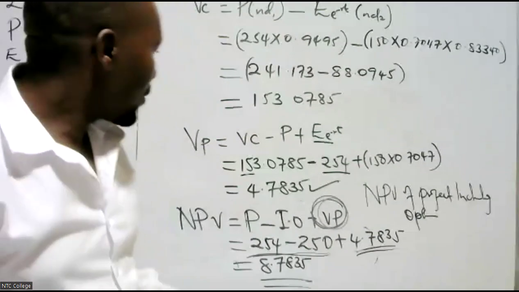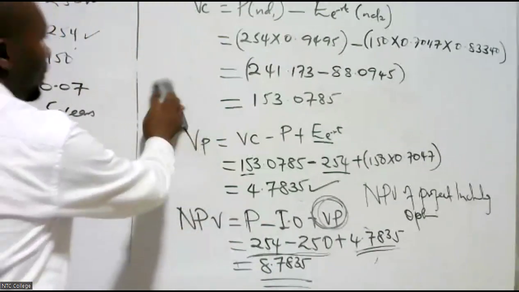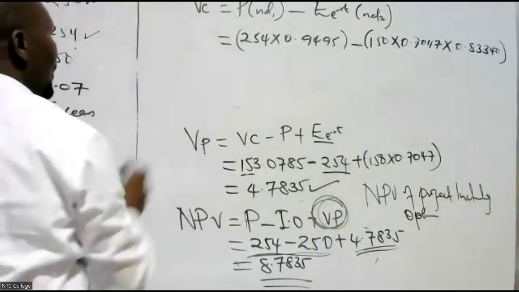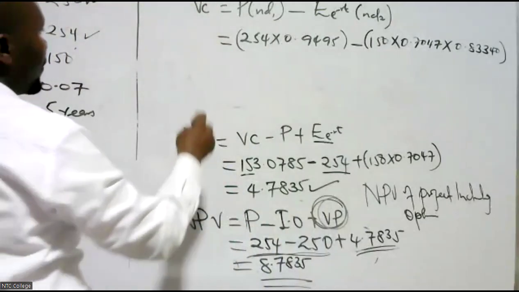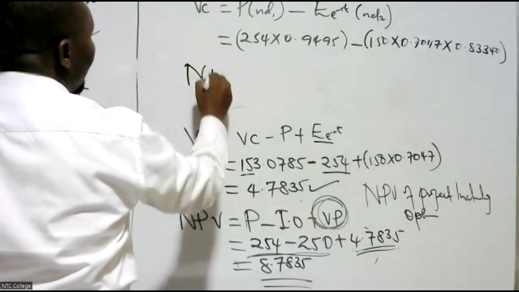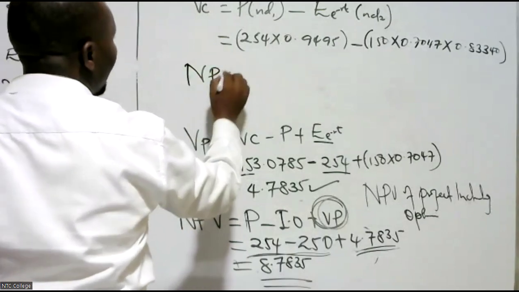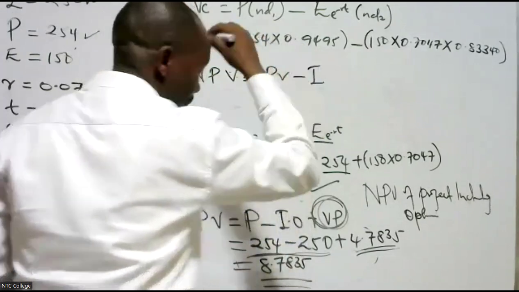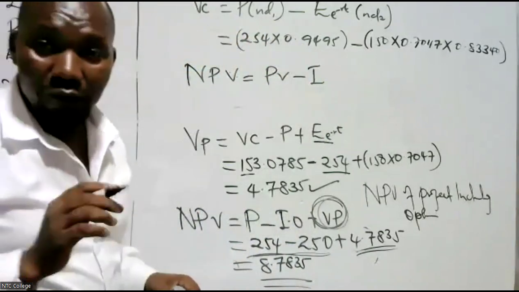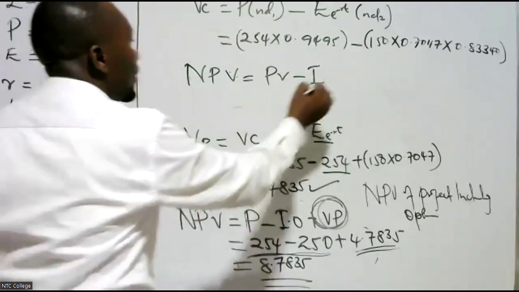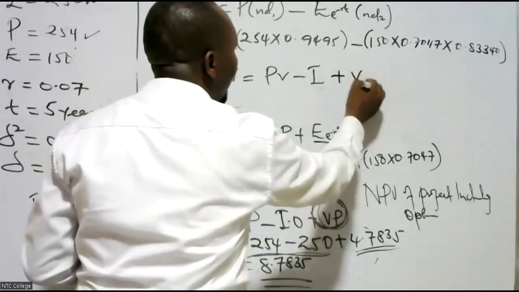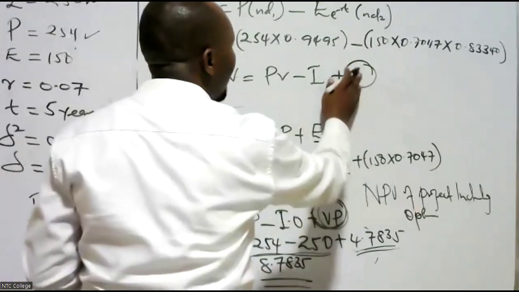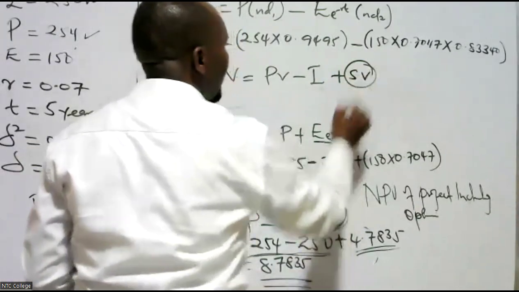Just to explain that one, abandon. NPV is normally the present value minus IO. But when you have scrap value, you add scrap value there. That's the value of the last residue. So you have the scrap value.